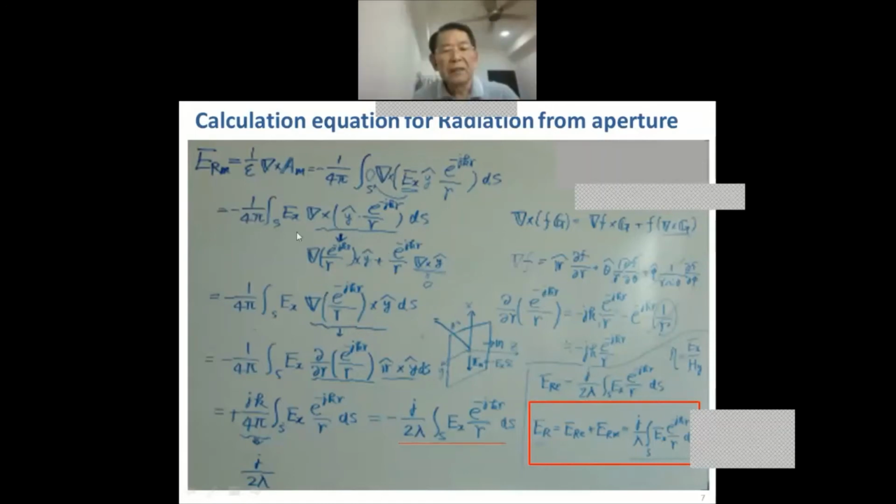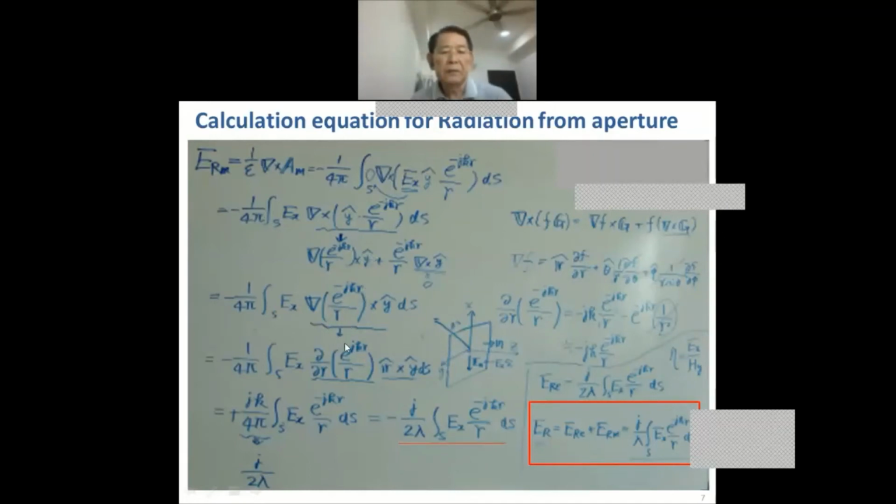Here, the spherical coordinate rotation becomes like this. And only the derivative of R survives, only this one.